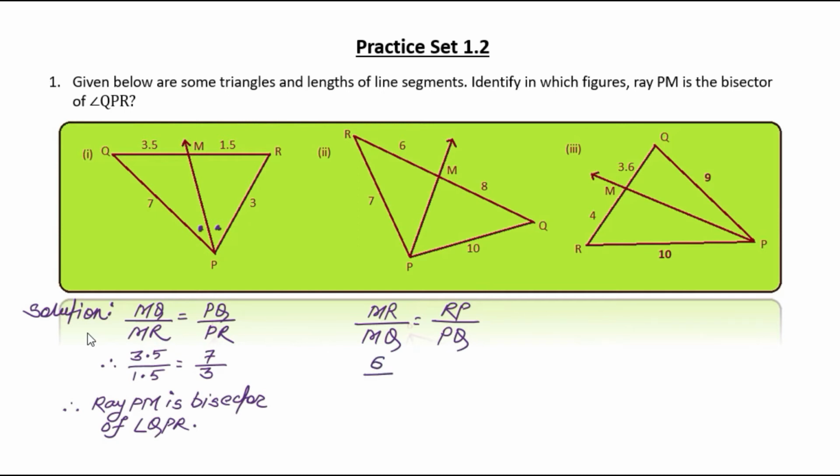MR is 6, MQ is 8, RP is equal to 7, PQ is equal to 10. 6 by 8, the reduced form is 3 by 4, and 7 by 10 is 7 upon 10. 3 by 4 is 0.75, which is not equal to 0.7.